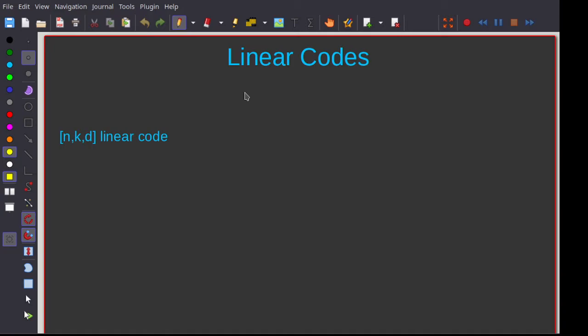A linear code is simply a vector space over a finite field. Basically, a linear code is a vector subspace of F to the n over F. You have some finite field which is basically your alphabet.